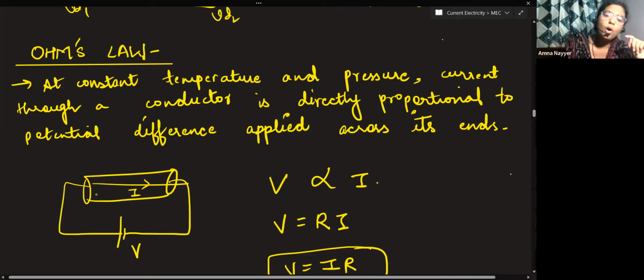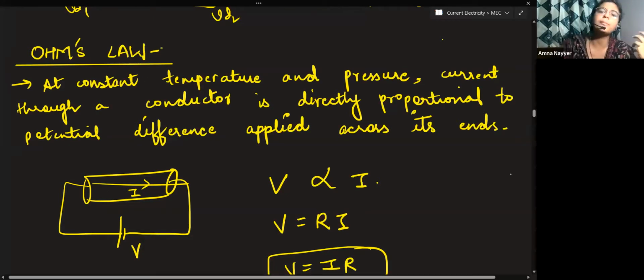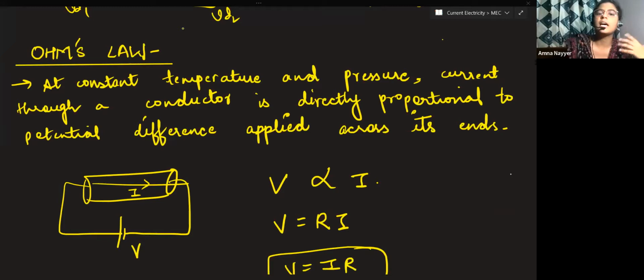Now, whenever current is flowing, what will happen? Current is flowing because charges are moving. What type of charges are moving? These are electrons. Electrons are mobile charges. When electrons move, positive ions and other entities are there, and they oppose the movement of electrons.